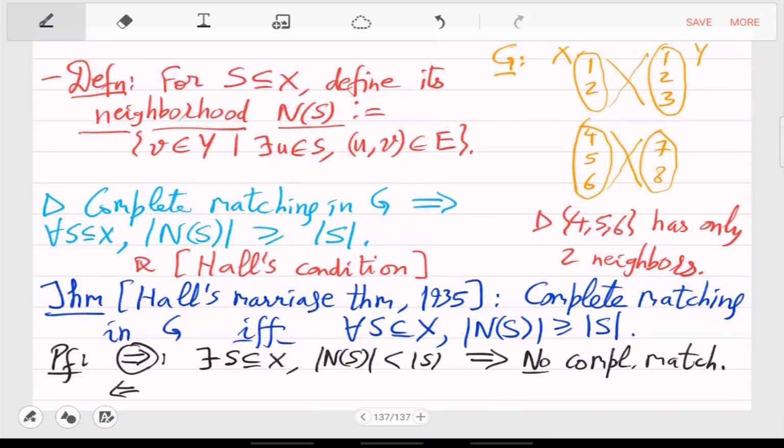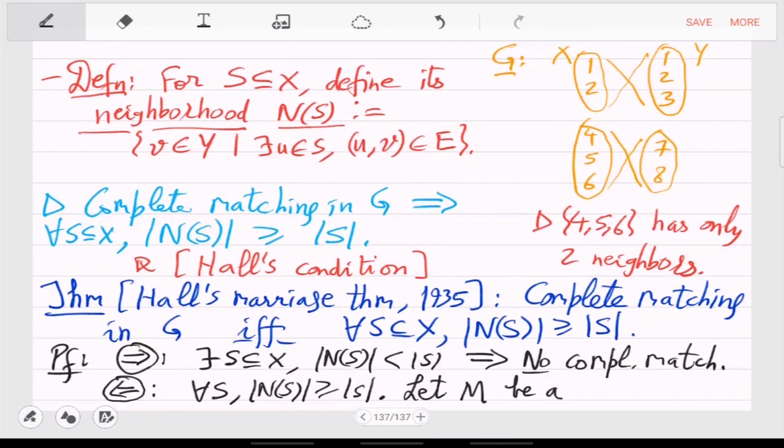The hard part is what we are now talking about, where you have to assume that for all S, the neighborhood is large, and in this case, consider a maximum matching M that is not complete.